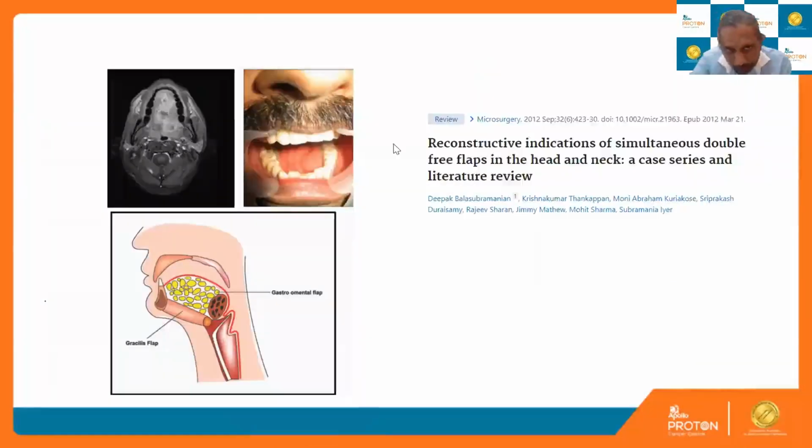Then for double flaps, as I told you, there is a report we published from Amrita on the use of motorized gracilis with gastromental flap to reconstruct total glossectomy defect, so that the bulk is maintained, and also the elevation of the floor of the mouth helps in swallowing.